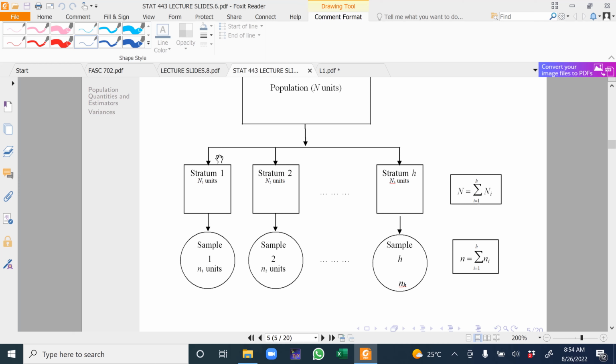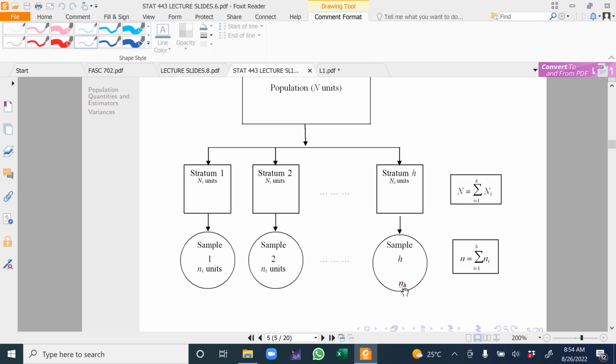From these strata, we now select sample units. From stratum 1, you select sample 1 of small n1 units. From stratum 2, you select sample 2 of small n2 units, and so forth up to stratum H, where you select sample H of nH units.